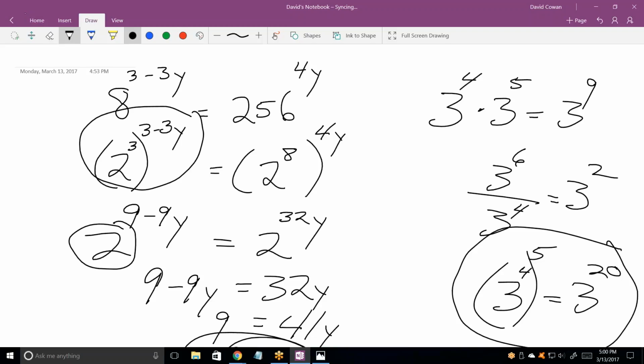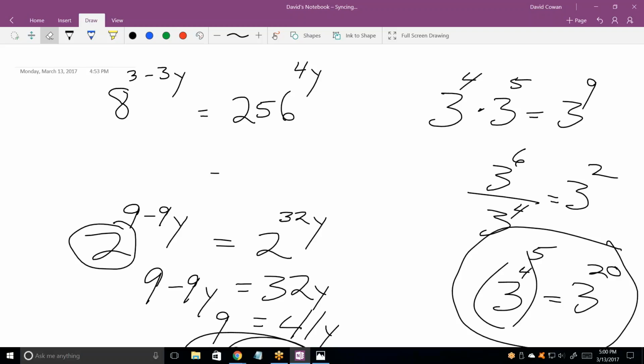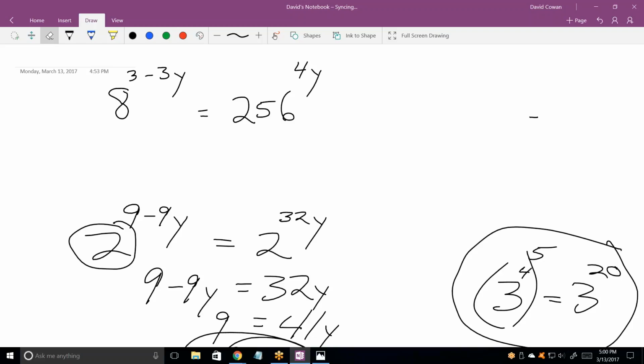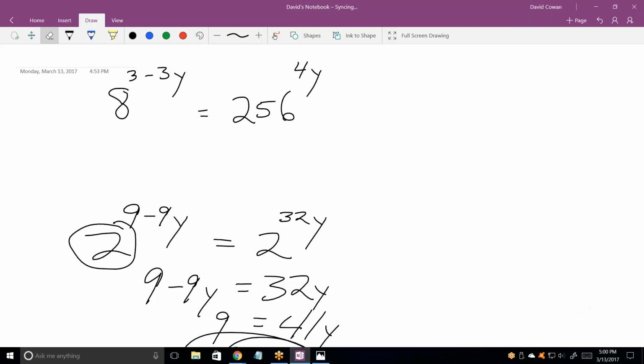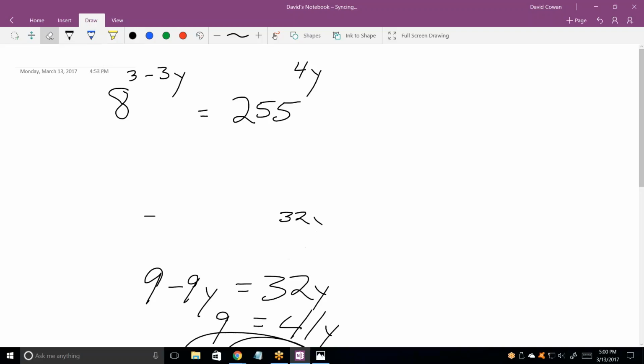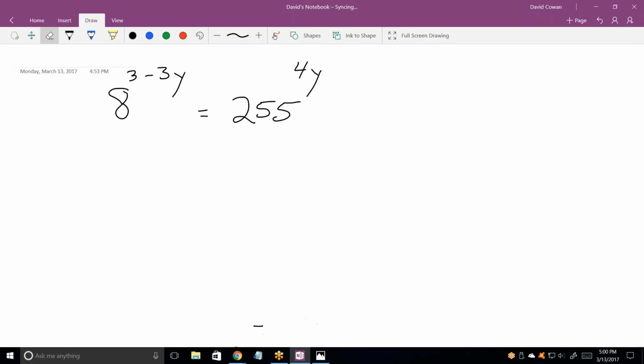In other words, it's only in these very, very special instances where I happen to be able to represent 8 as a power of 2, and I happen to be able to represent 256 as a power of 2. Well, if I can do that, then I can solve it in the way we just did. But turn that into that, and I can't do it anymore, right? In other words, I no longer have a way of representing 255 as a power of 2.